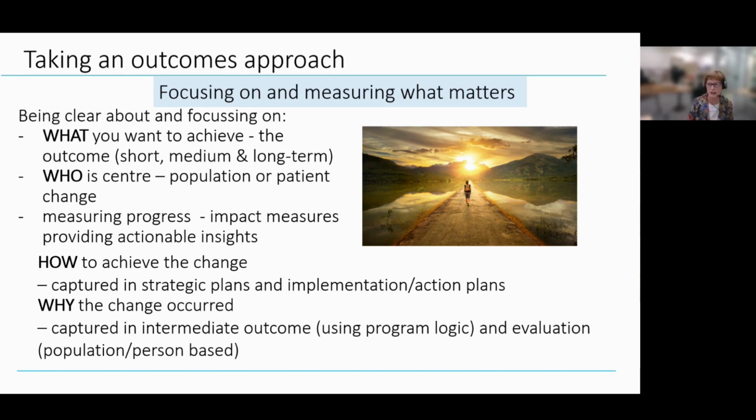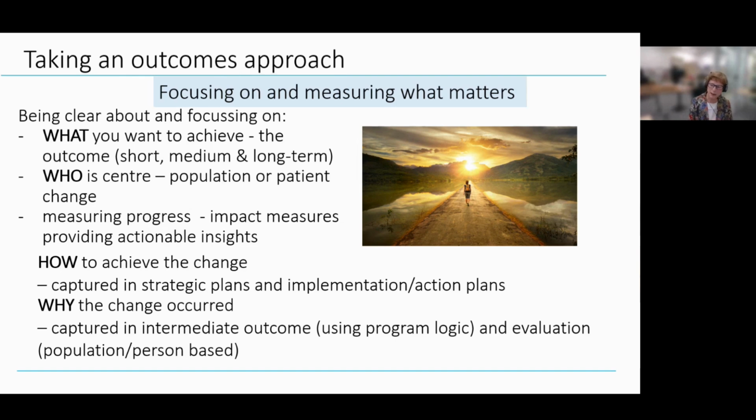Or is that about patient change, individual patient change, watching your corridors of care and your patient outcomes as an individual? So who is at the center in your monitoring and evaluation? And then you measure progress along the way using impact measures. And they are again providing useful information, actionable insights.